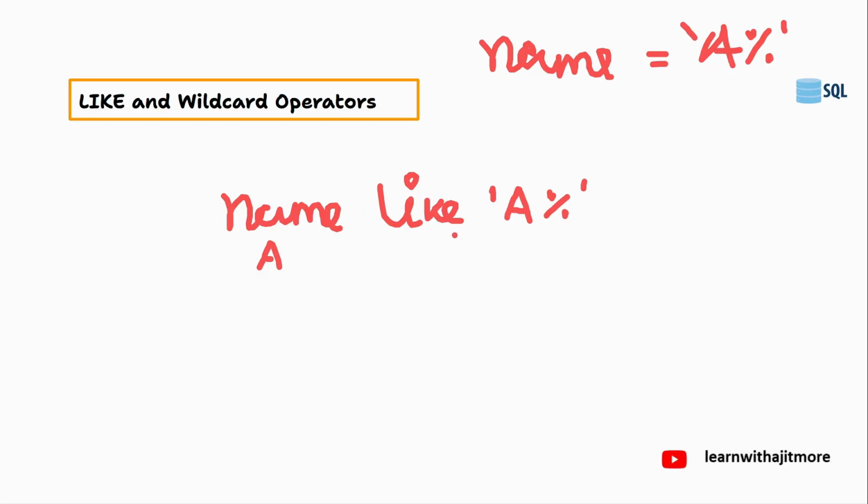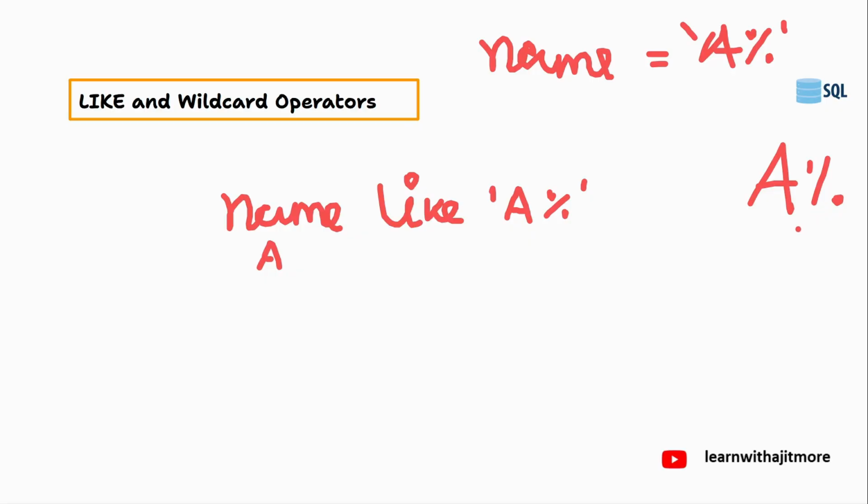This is the pattern, so the matching is done with the like operator. Instead of like, if you use equal, will it do pattern matching? It will try to search for a name which is exactly A percent. But does any person have the name A percent? Generally not.